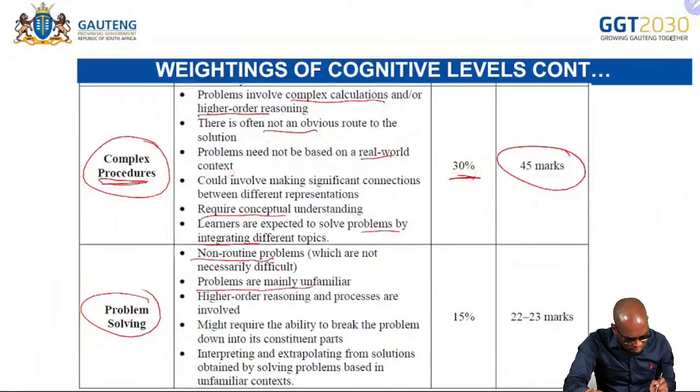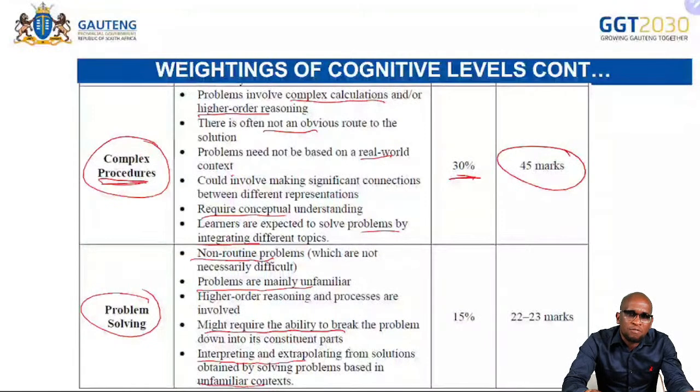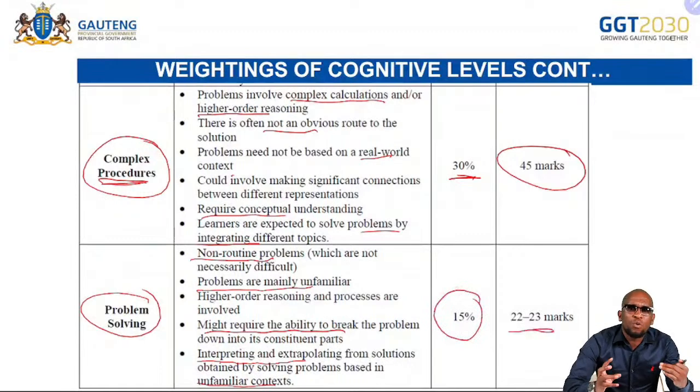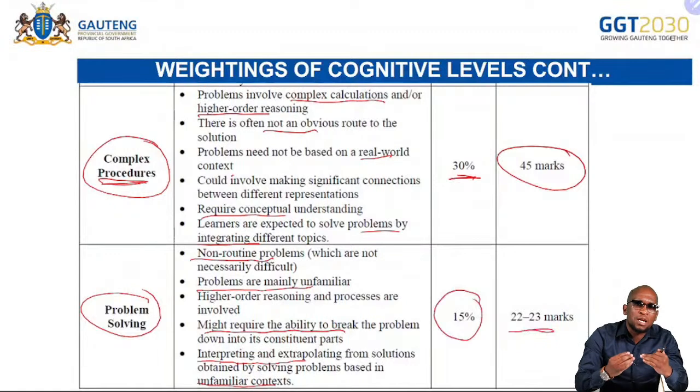They might require you to break the problem down into smaller parts, and at times interpreting and extrapolating those solutions. You can use extrapolation and interpolation there to solve those problems. They are based in unfamiliar context. That's very, very important. But they only make up 15% of the paper. It's only between 22 to 23 marks, which means that the bulk of the work would come from questions that you can access.